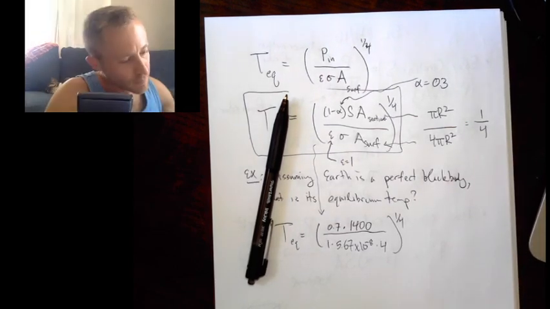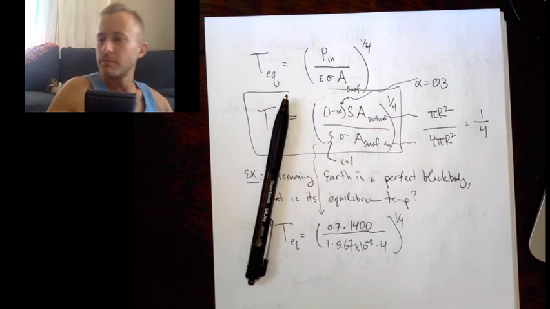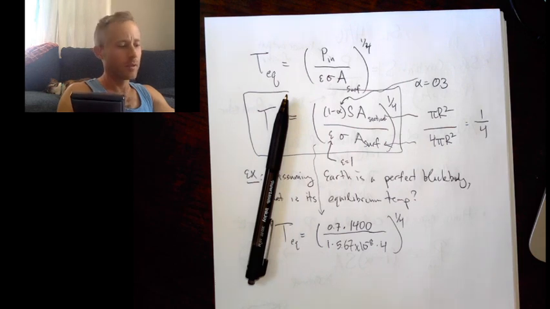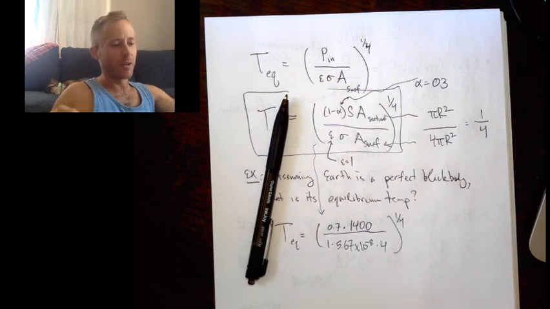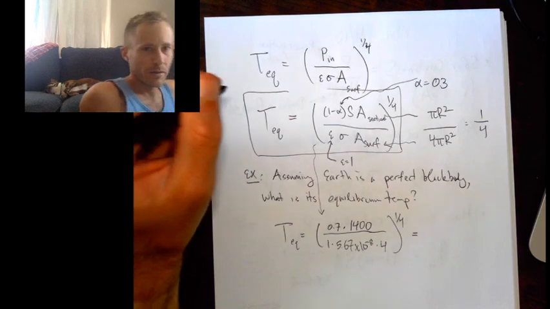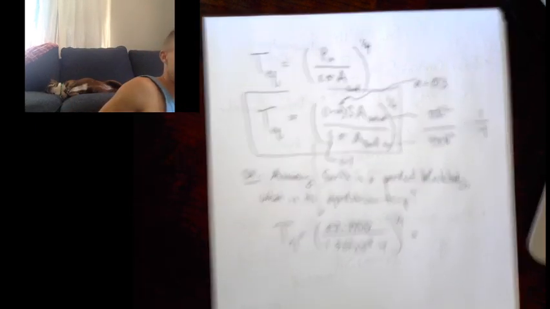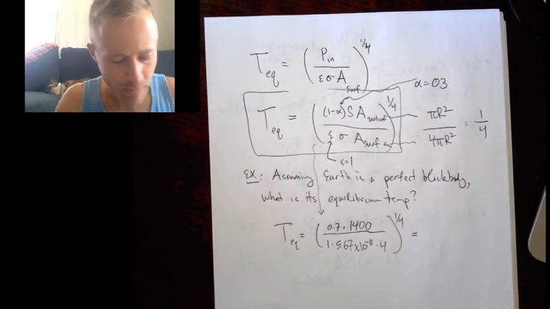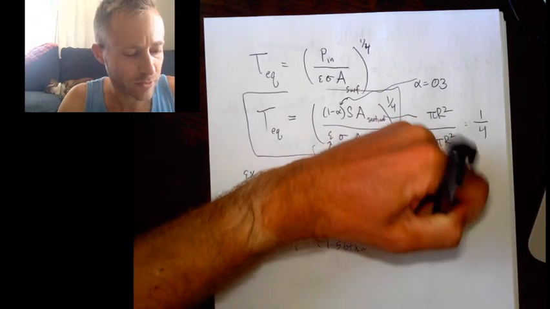Let's see. 0.7 times 1,400. And we get 256 Kelvin.